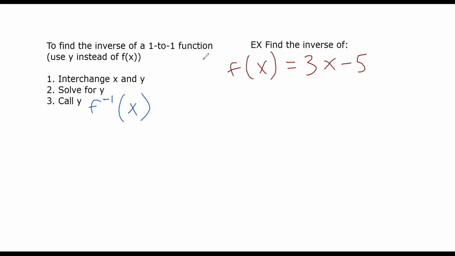So starting with a simple linear function with a slope of 3, y-intercept is 0, -5. And it's a pretty simple function, so finding the inverse is going to be pretty simple.